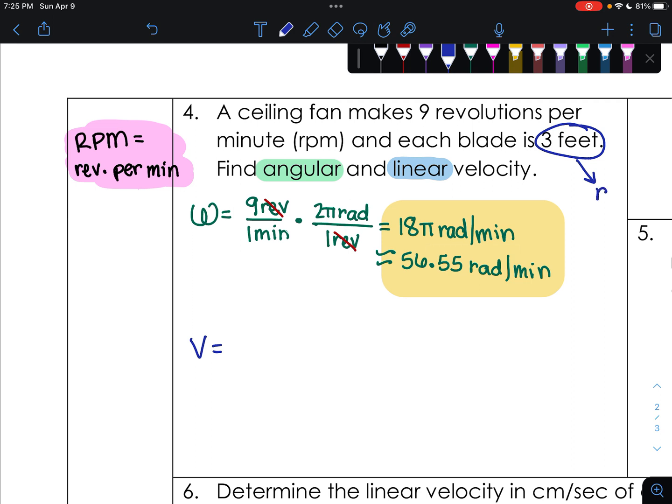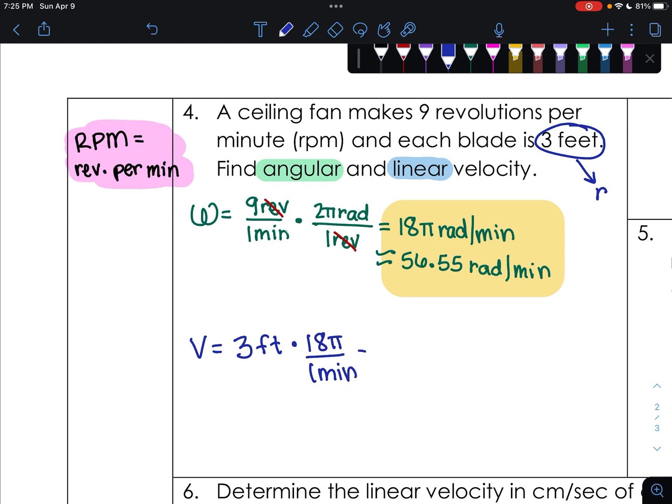Okay, each blade is 3 feet, and it's 3 feet from the center of the ceiling fan. So that would be 3 feet times my angular velocity, which was 18 pi over 1 minute.